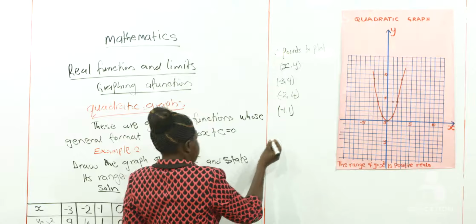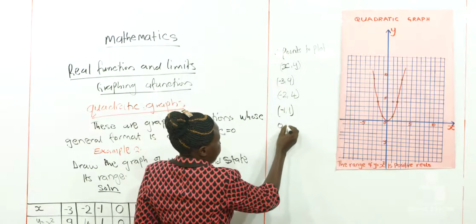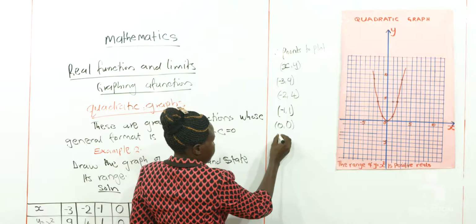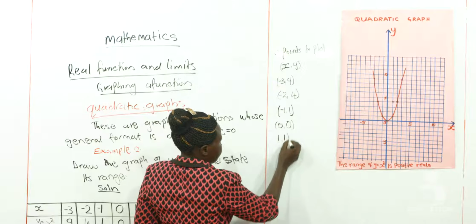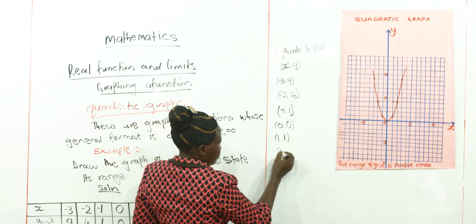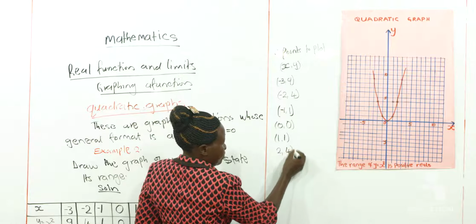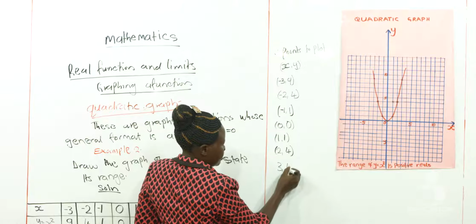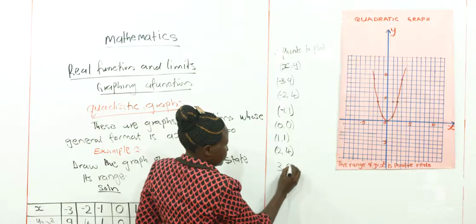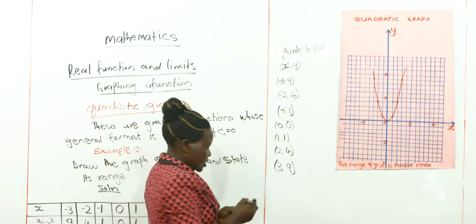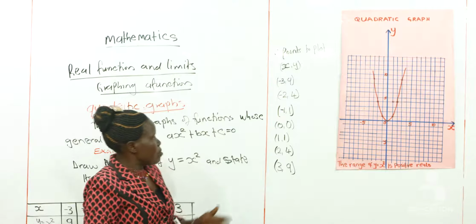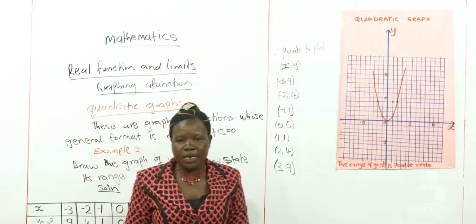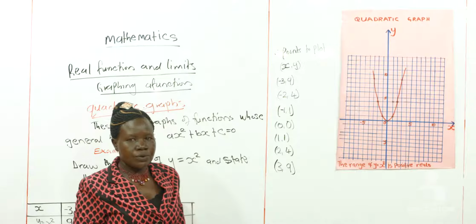Then x is 0, y is 0. X is 1, y is 1. X is 2, y is 4. And then x is 3, y is 9. Please, learners, once you have made these points, plotting a graph becomes very easy for you.